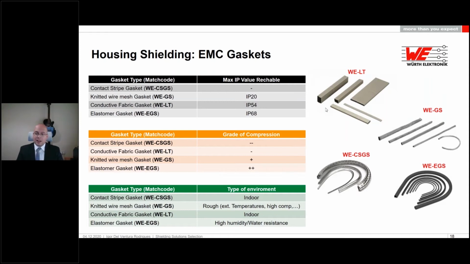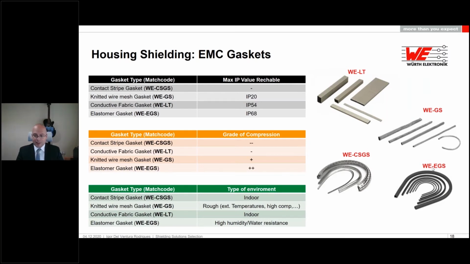Then you've got WeGS, which is basically a woven nickel copper, which has an elastomer, sort of like a foam rubberish material in the middle. Okay, and then you've got CSGS, which is basically a contact strip gasket.